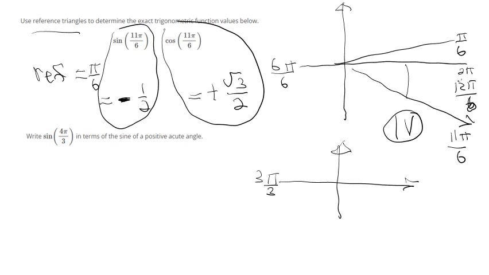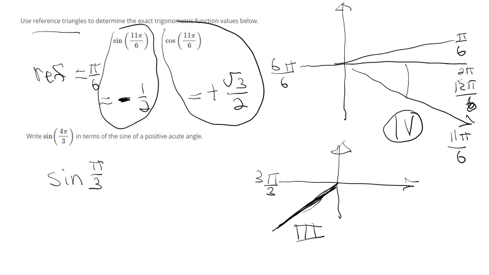So 4 pi over 3 has to be over here, because another 1/3 rotation is less than 1/2 of a rotation. So we know we're in the third quadrant, and the reference angle is going to be pi over 3.